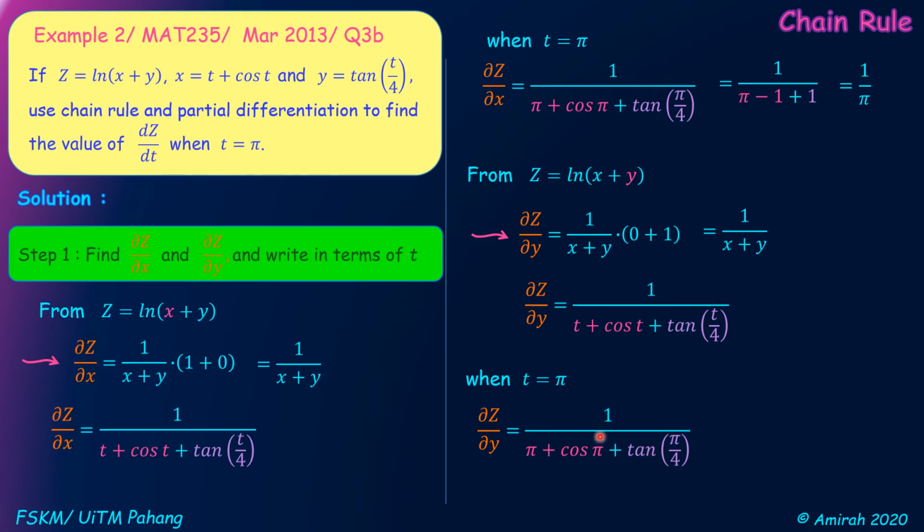So we get 1 over (pi + cos pi + tan(pi/4)), which equals 1 over (pi, cos pi equals -1, and plus tan(pi/4) equals 1). Then we simplify, so we get 1 over pi. This is the value for ∂z/∂y when t equals pi.